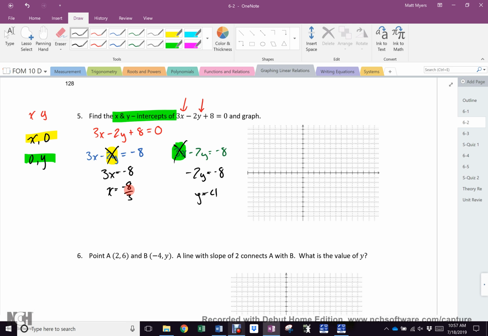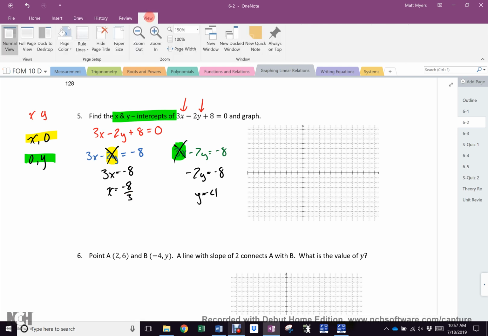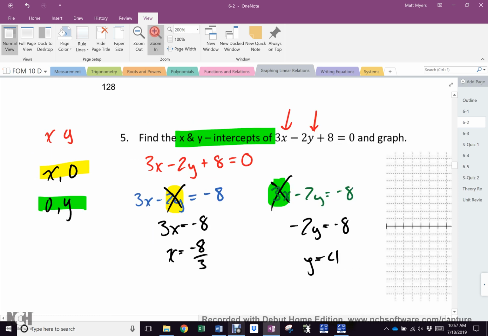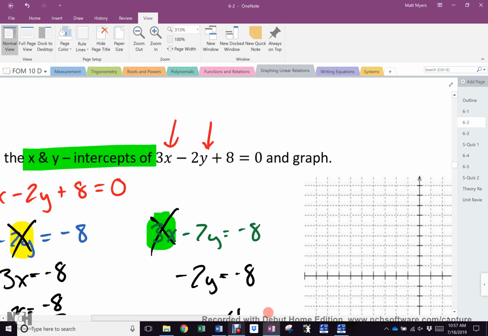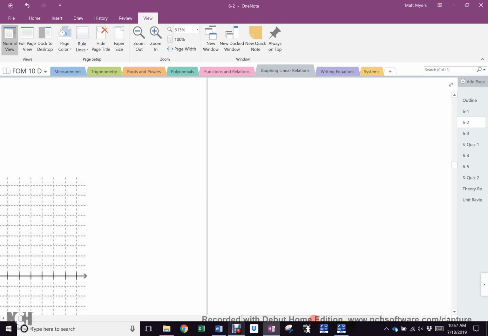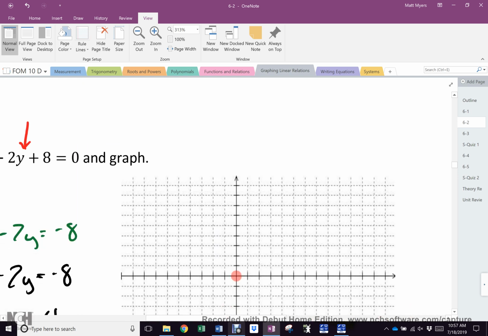Whenever there's a fraction, I probably want to change the scale, right? So this is thirds, yes? So where should I put my number 1 on the x scale right now? If I need 8 thirds, where should I put the number 1?